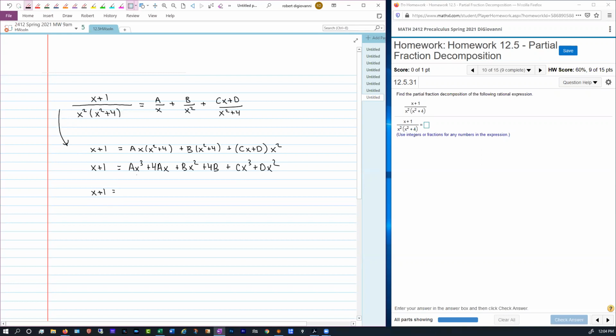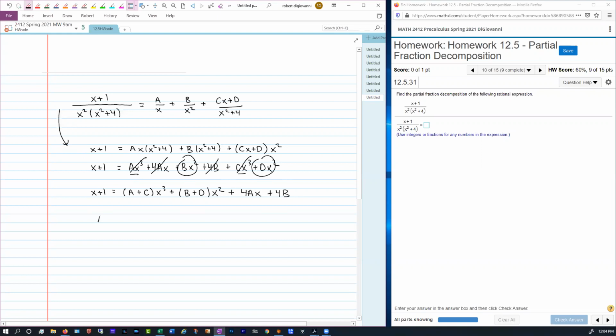So my x cubes are here. So I have a plus c x cubed plus, my x squareds are here and here, so plus b plus d x squared plus, x's, I only have one of them, 4a x, and then just 4b.